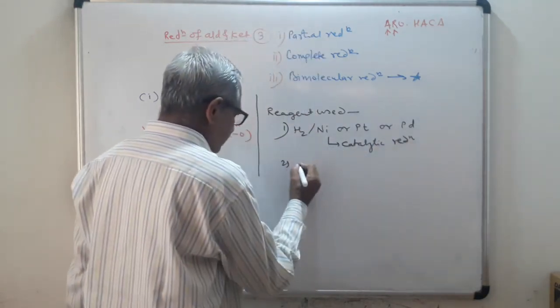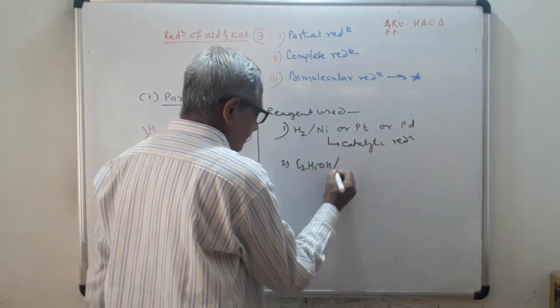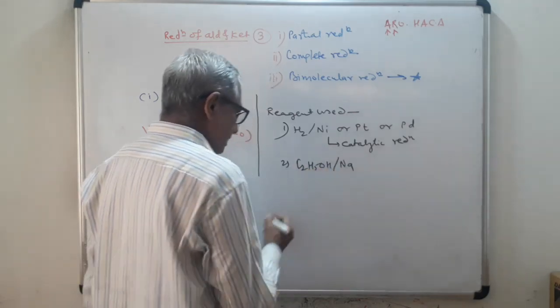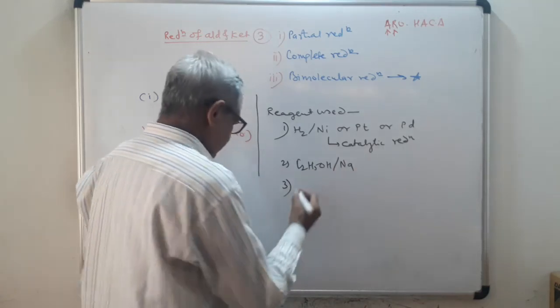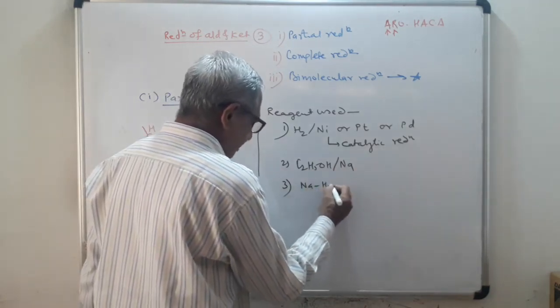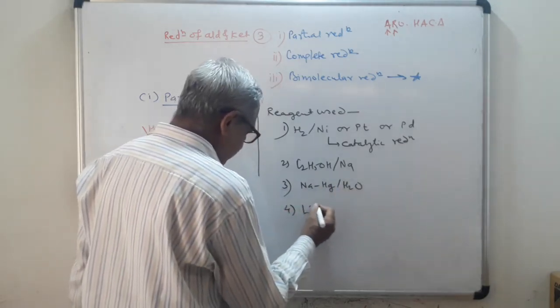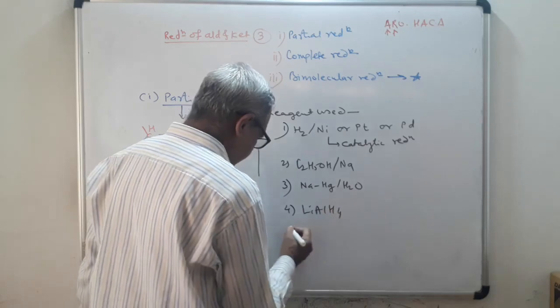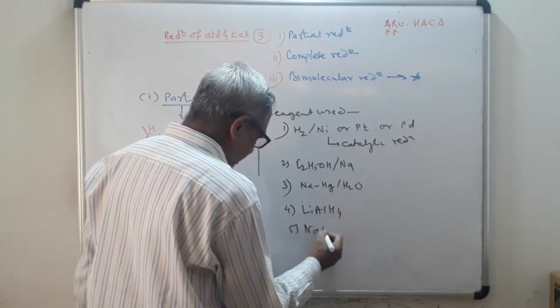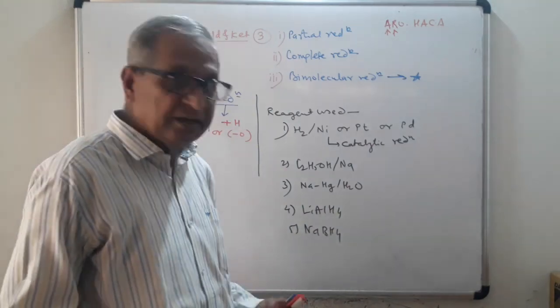Second reagent is alcohol, particularly ethyl alcohol in presence of sodium metal. Third is sodium amalgam with water. Fourth reagent, lithium aluminum hydride. Fifth reagent, sodium borohydride. These are the different reagents used for the reduction.